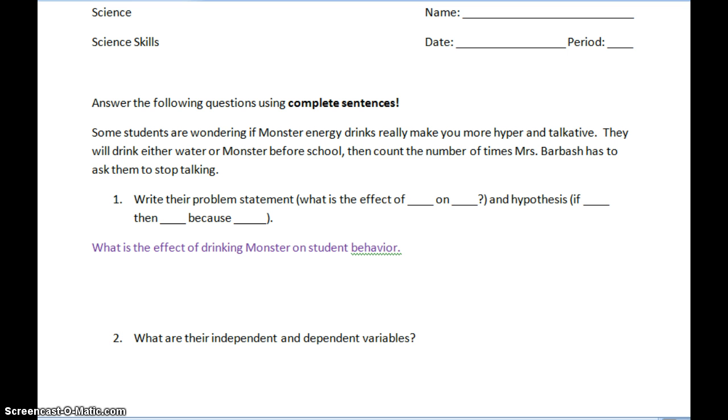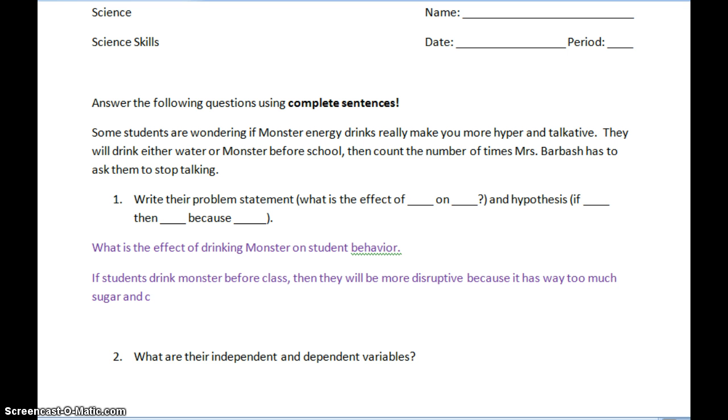So here's our hypothesis. If students drink Monster before class, then they will be more disruptive. And you can put your own because in there. My because is going to say it has way too much sugar and caffeine in it.